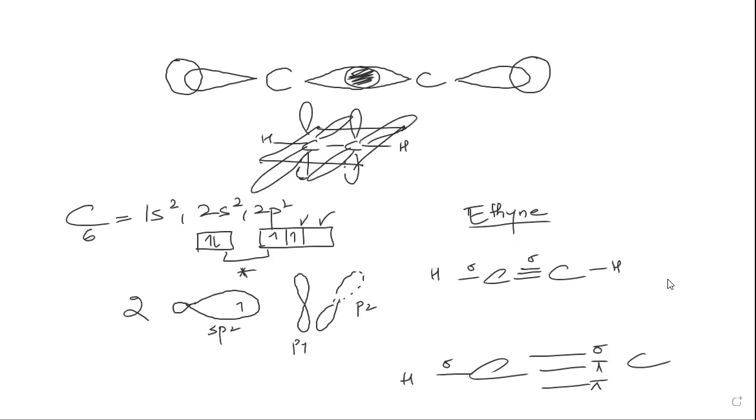And you can see these pz's are overlapping parallelly. जैसे CC close आएगा तो ये दोनों, these two p orbitals will overlap parallelly, ये दो और ये दो, they will overlap parallelly, or these two will overlap parallelly as well.